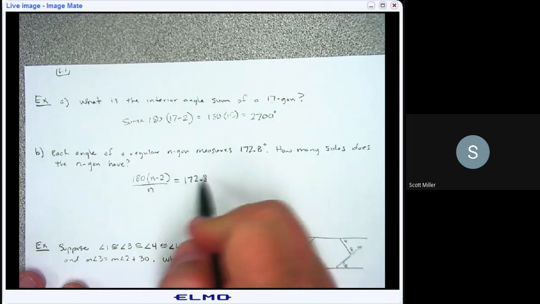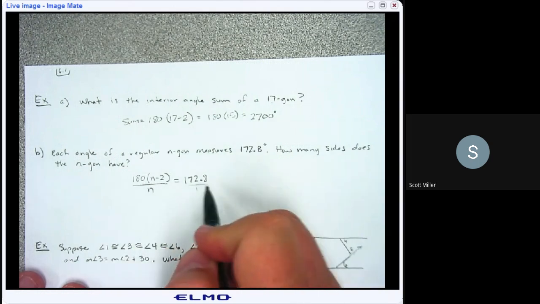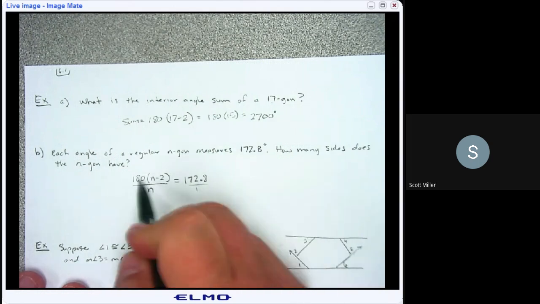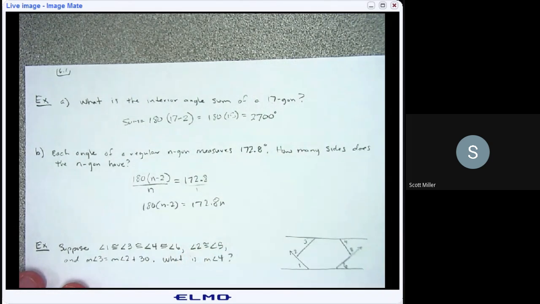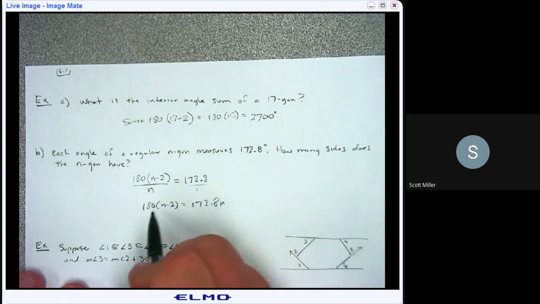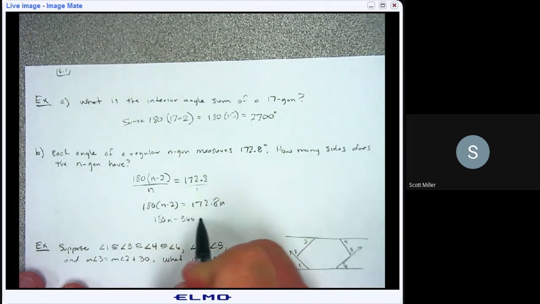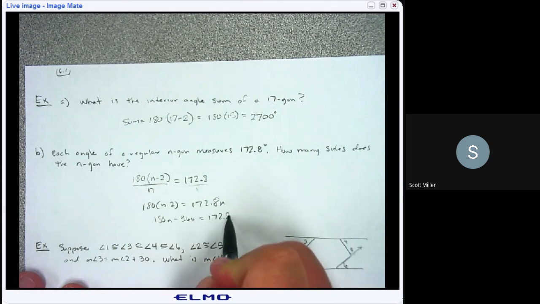Remember how we did this? We just cross multiplied. This is a fraction. Cross multiply, 172.8 times n. So do your distributing and all that stuff. This here is 180n minus 360.